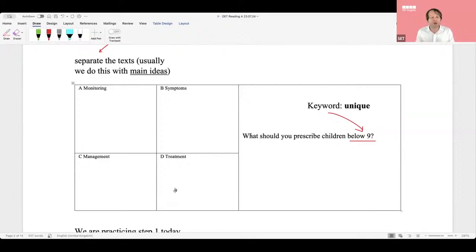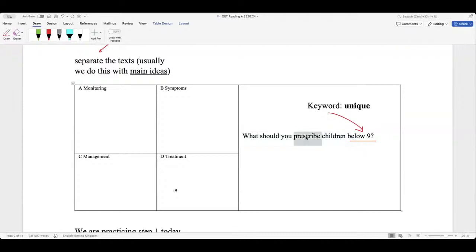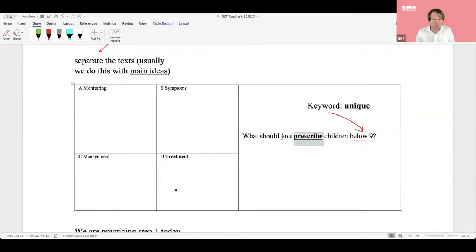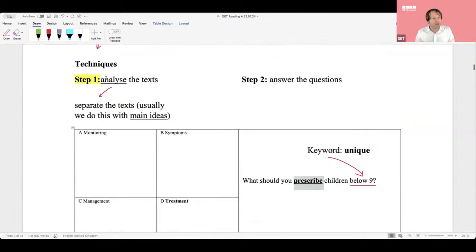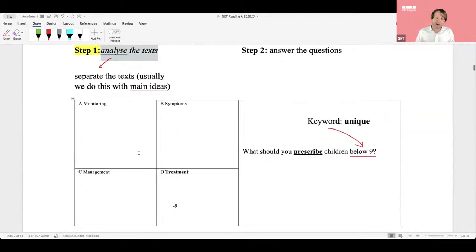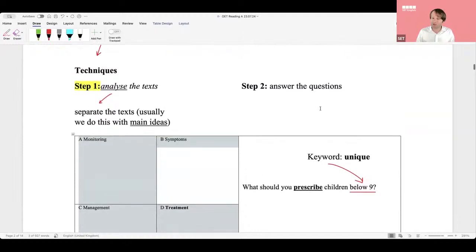What text should I look for this? Prescribe. Treatment. Why prescribe and treatment? Why are they connected? Categories. Medication is treatment. So step one, when we do this, is helping us find the text in step two.